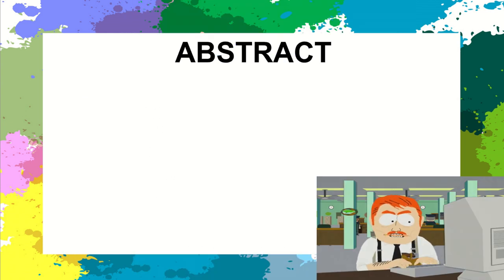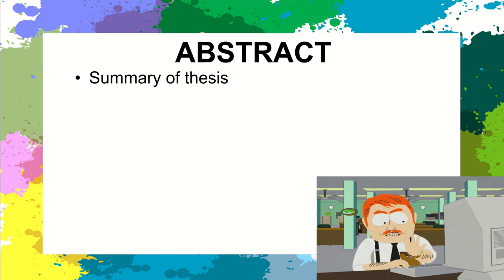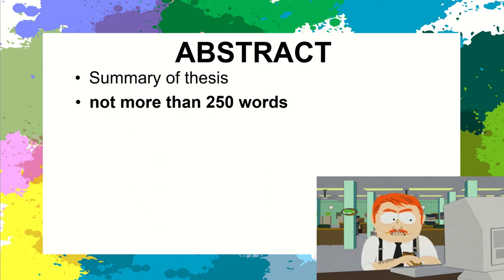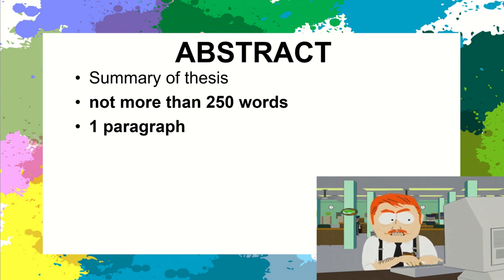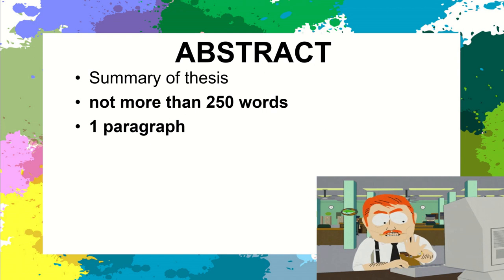Next, let's talk about the abstract very quickly. So abstract, it is a short summary of your research paper, usually about a paragraph long. So an abstract lets readers get the gist or essence of your paper or article quickly in order to decide whether to read the full paper.